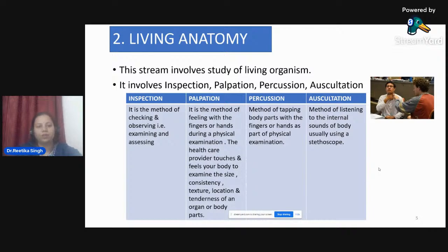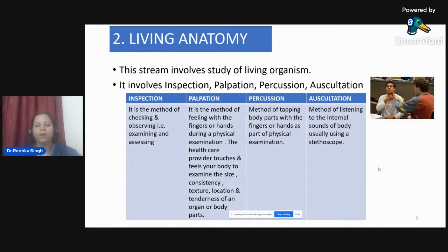In palpation, it is the method of feeling with the fingers or hands during a physical examination. We just touch the patient and feel and examine the size, consistency, texture, location, and tenderness of an organ or part of the body. In percussion, it is the method of tapping body parts with the fingers or hands as part of physical examination.